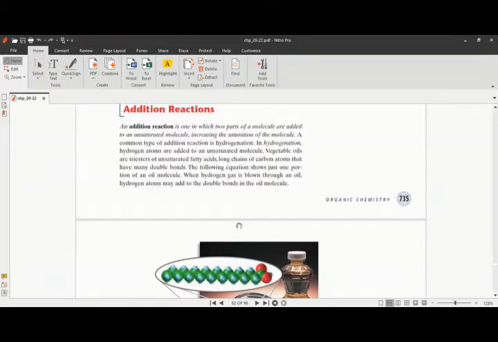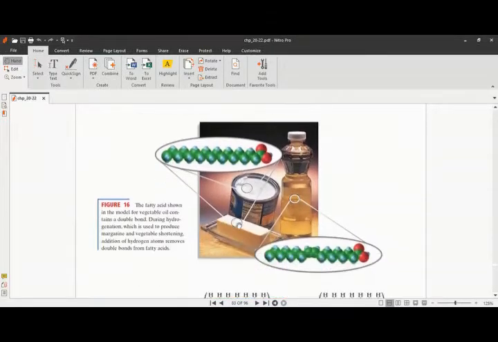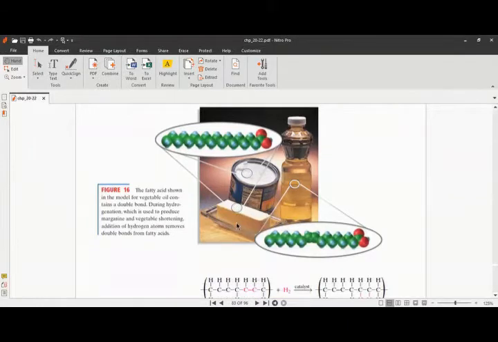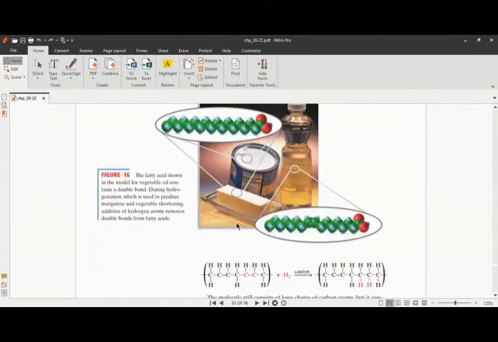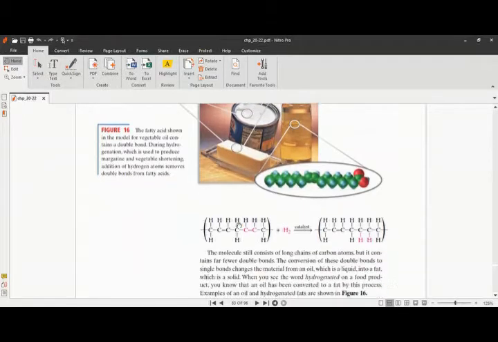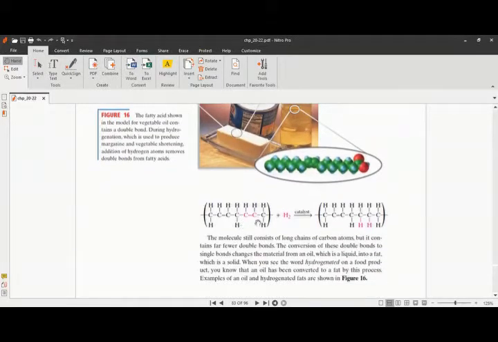In general, we use addition reaction as hydrogenation, as we explained before. The meaning of hydrogenation is to replace the triple bond or the double bond by adding hydrogen atoms. So the hydrogen can turn this double bond into a single bond. Look at this: you have a double bond between two carbon atoms.